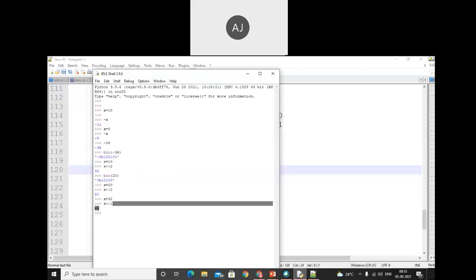Let's check that. x = 10, and I'm using the right shift operator. We get it.